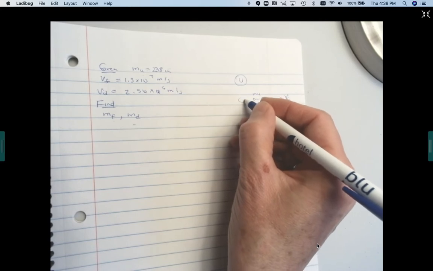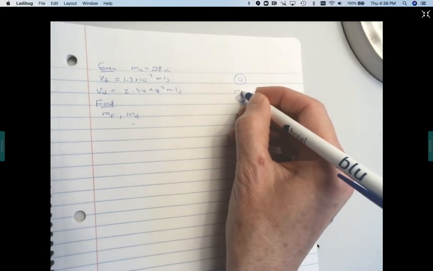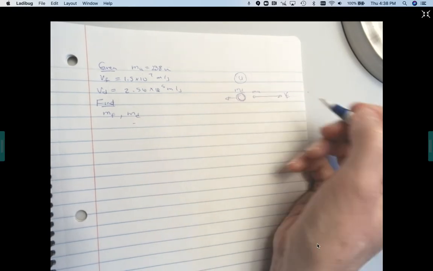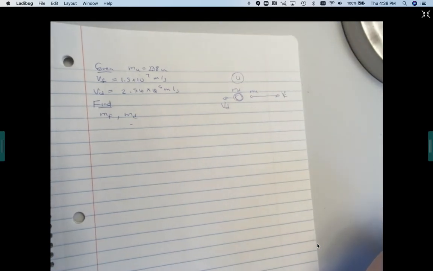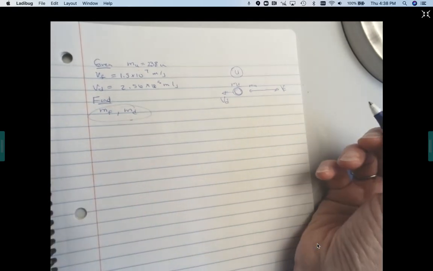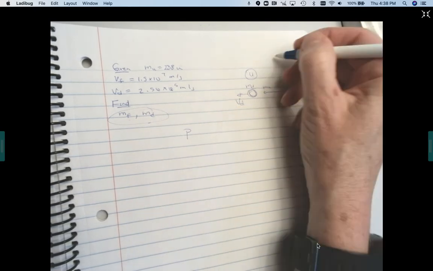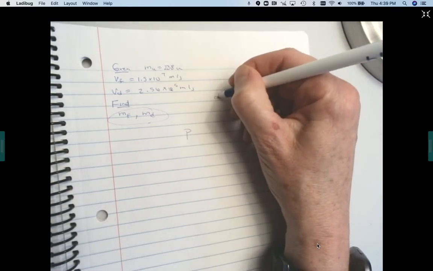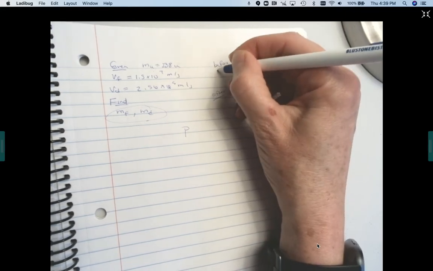Okay, and then whatever is left here, the daughter, that's the mass of our daughter, is going to get sent back in the opposite direction with a lower speed. Okay, and then we want to find what these two masses are. So we use our conservation of momentum. So this is before, right? This is our before picture, and that's our after. I should put before here. Okay.